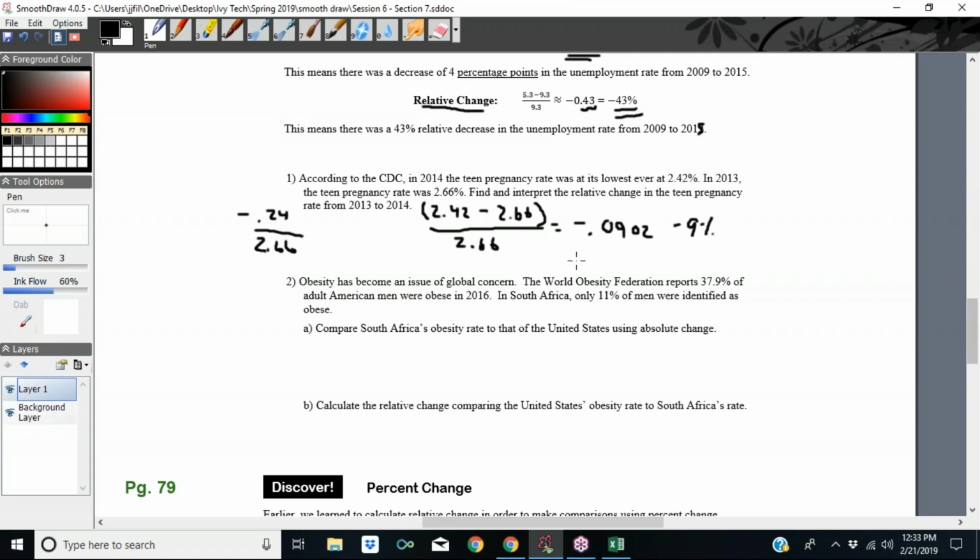So if we're going to interpret this, we would say the teen pregnancy rate decreased or went down 9% from 2013 to 2014. Okay, so that's how we interpret that. The teen pregnancy rate decreased 9% from 2013 to 2014 because of the negative sign right there.